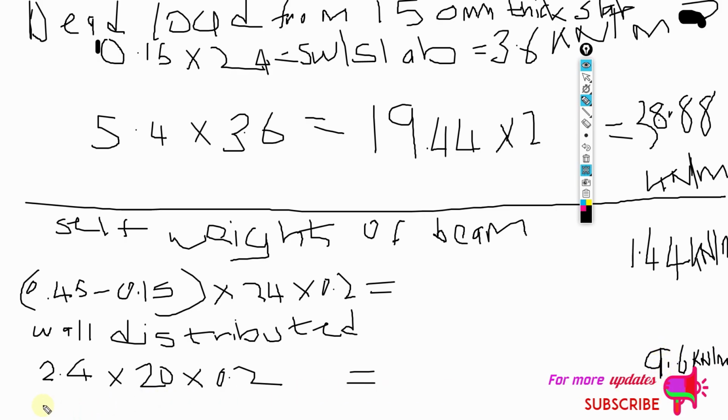So now let's do the total characteristic dead load on the beam.